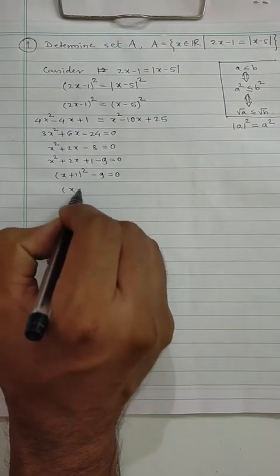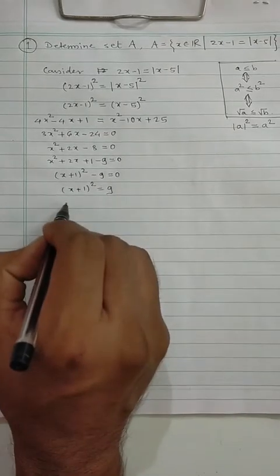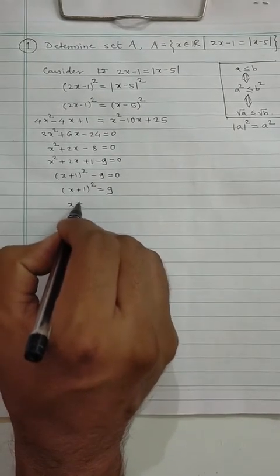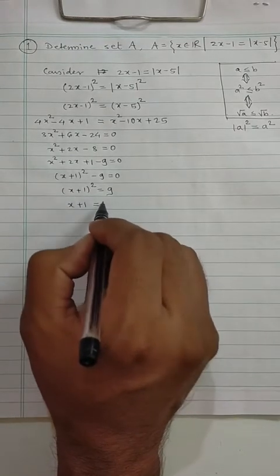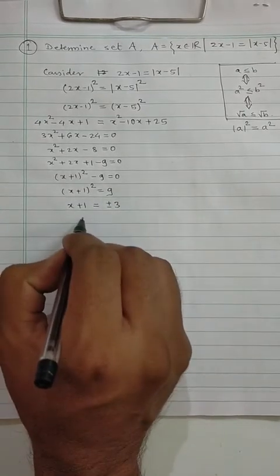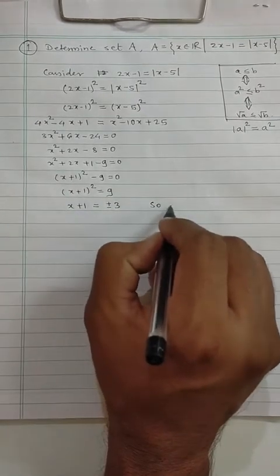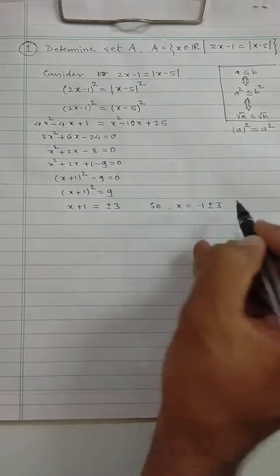So (x plus 1) square is 9. That means taking square roots on both sides, x plus 1 will be plus or minus 3. So x is equal to minus 1 plus or minus 3.